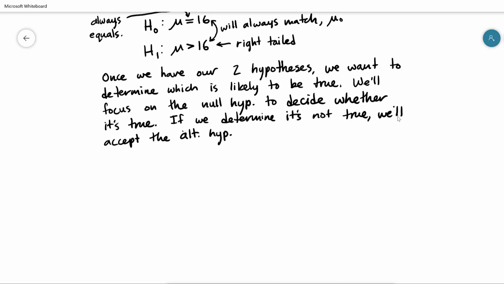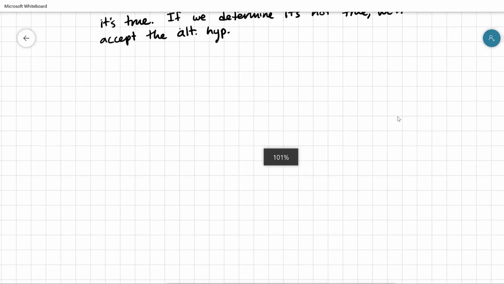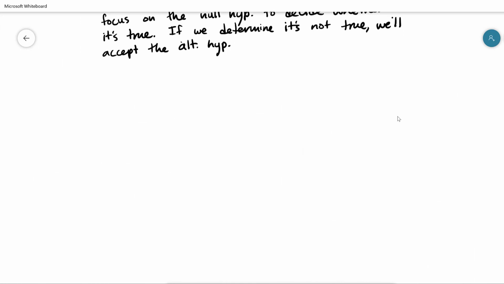Okay, so as I just said a minute ago, the whole thing is a lot like a criminal trial. And I'll list out the ways in which that is the case.